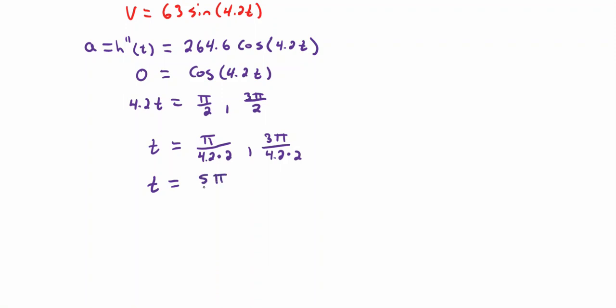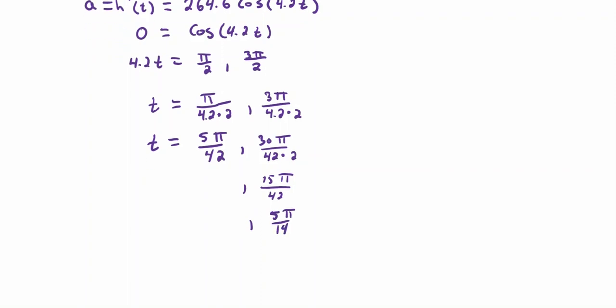So that'd be 5 pi over 42, comma. And then same little trick: 3 pi over 4.2 times 2 becomes 30 pi over 42 times 2. Just multiply the top and bottom by 10. So that would be 15 pi, the 30 and the 2, over 42. And then that would simplify to 5 pi over 14. And the first one was 5 pi over 42.